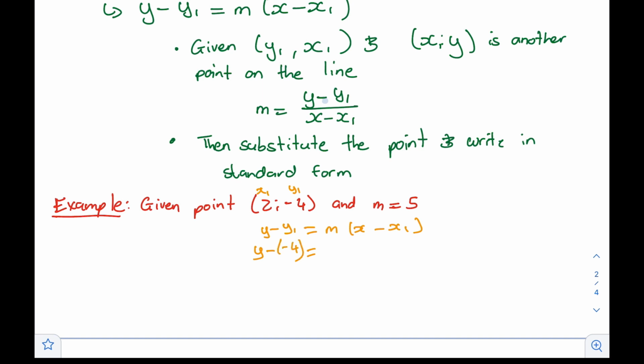Remember your bracket, and m, which is 5, x minus x1. x1 is just 2, right? So then you solve for it. So this becomes y plus 4 equals 5x minus 10. If you times it in, take the 4 to the other side. So it's going to be minus 10 minus 4. So y equals 5x minus 14.